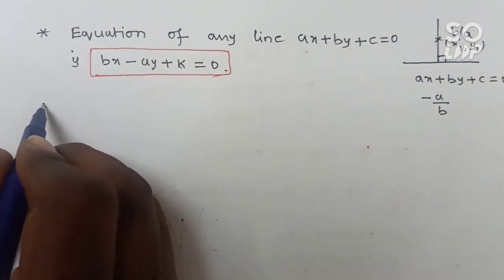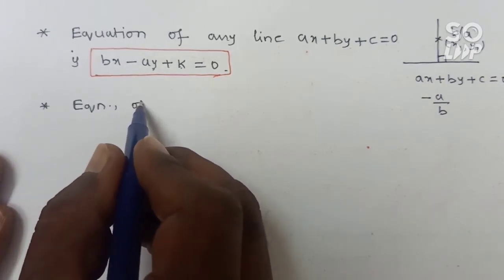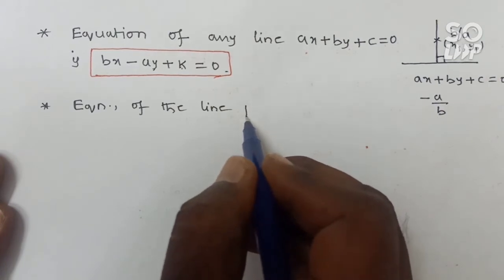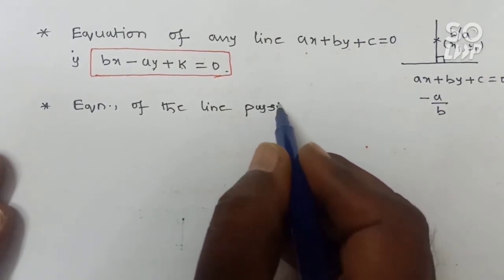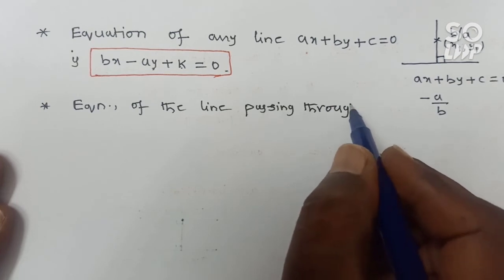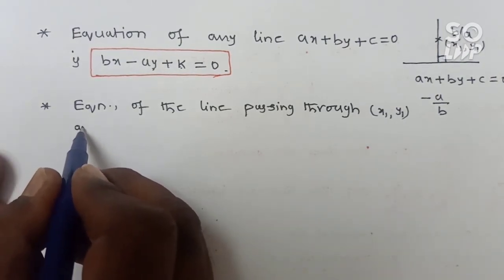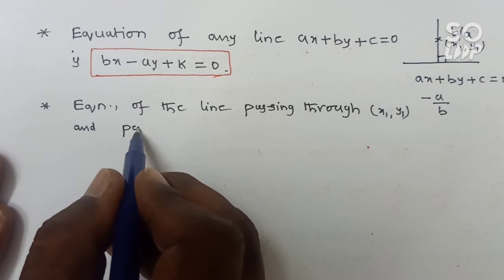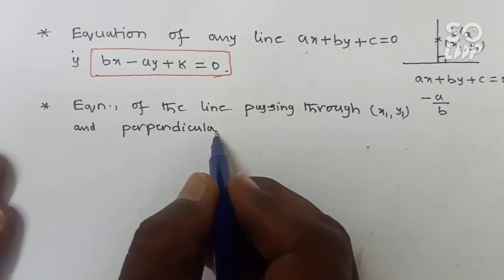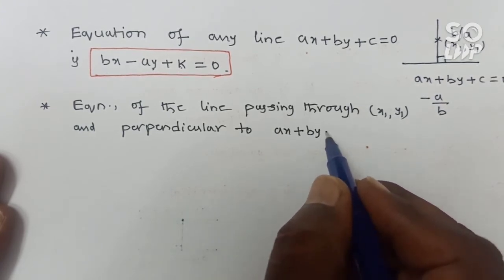See this one, the equation of the line passing through x1 comma y1 and perpendicular to ax plus by plus c is equal to 0.